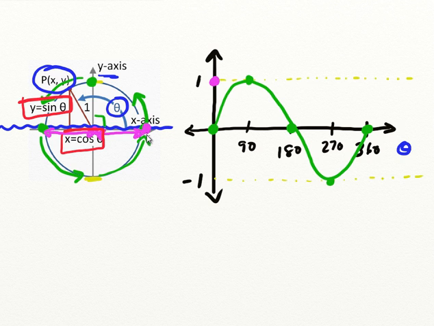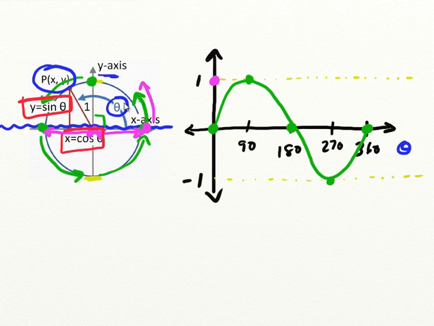Now, as we rotate around, notice that this distance here is shrinking. And when we actually hit the top, we have lined up perfectly with the middle of the wheel. So at 90 degrees, we are right here. We are 0 away from the middle of the wheel.